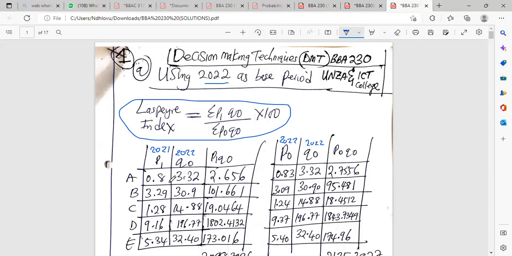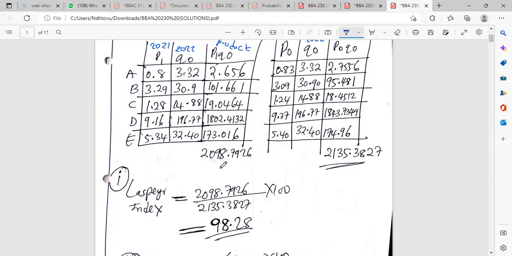Here we can multiply to find the first one, using the product of these ones. So the total figure is 2098.7926, and 2135.3827.